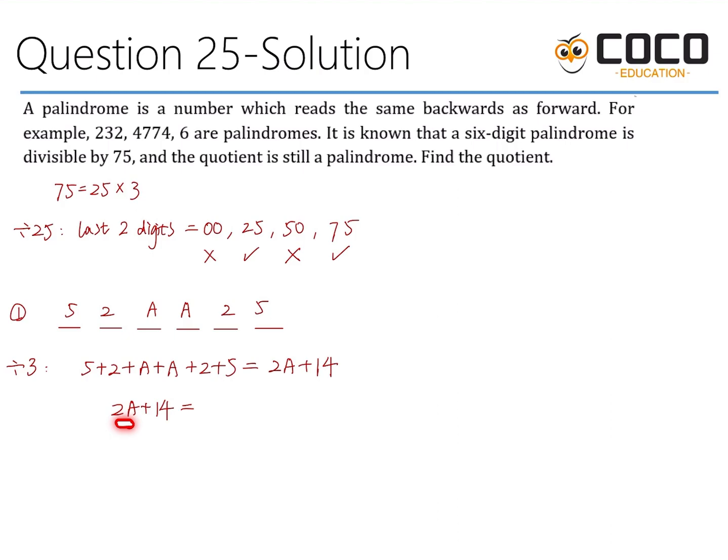And 2A is an even number, so the sum has to be an even number. So the first even multiple of 3 is 3 times 6, 18. The next one is 3 times 8, 24. Or it can be 3 times 10, 30. Let me just work out the A. A is 2, 5, or 8.